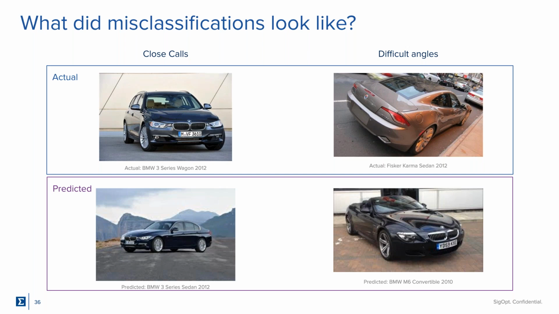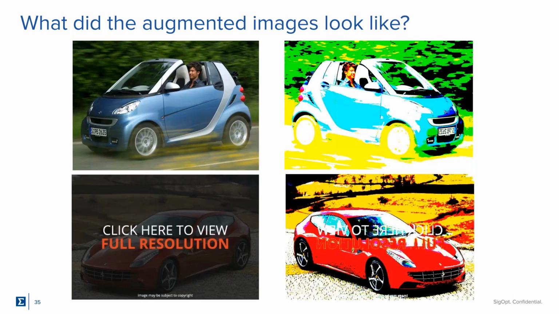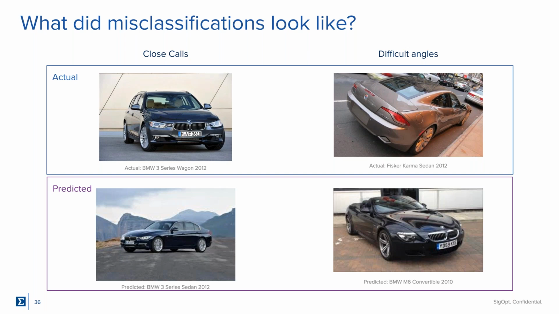So again, most of our misclassifications were close calls, like the BMW, and it still had problems with difficult angles. But we seem to have been able to solve the background clutter issues, and we hypothesized that's because these augmentations actually do a really good job of differentiating the objects in the image, and maybe that actually helps with background clutter.